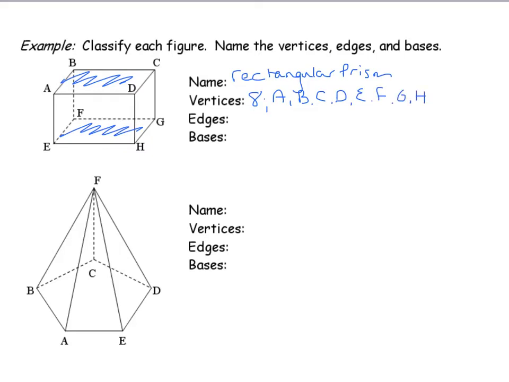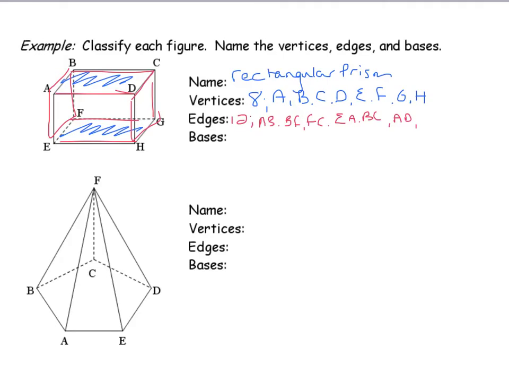Edges. Edges, remember, are where the faces come together. We've got 1, 2, 3, 4, 5, 6, 7, 8, 9, 10, 11, 12. We have 12 edges. There's going to be a lot of these. We've got AB, BF, FE, EA. Then we can go across BC and AD.